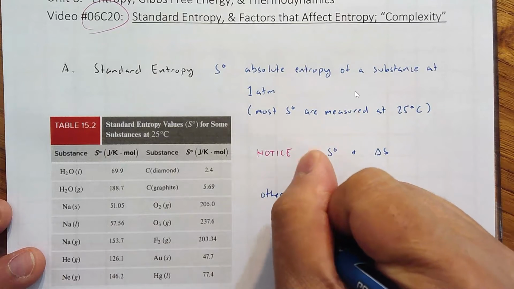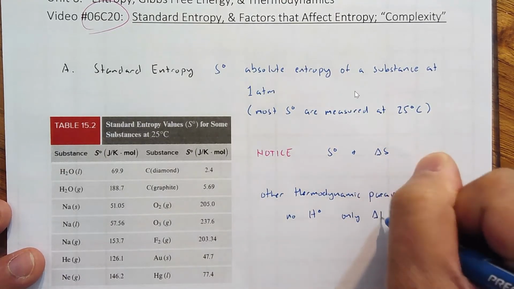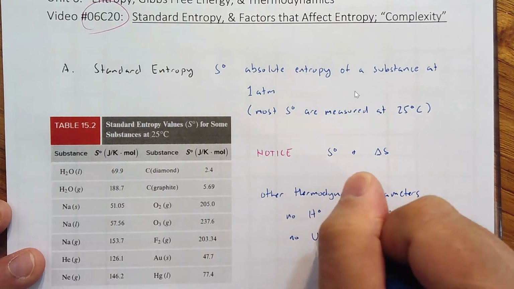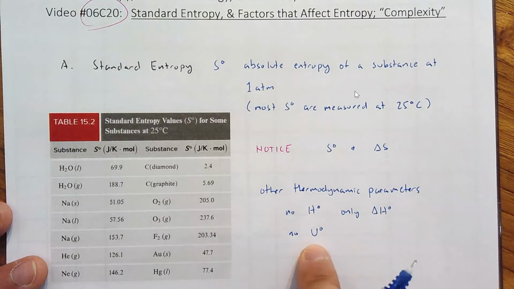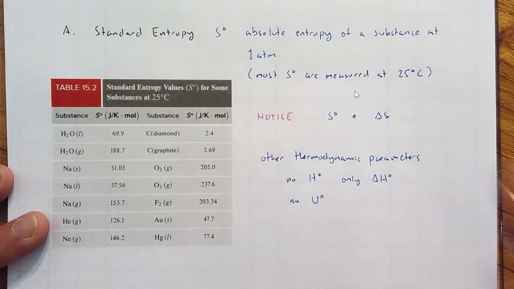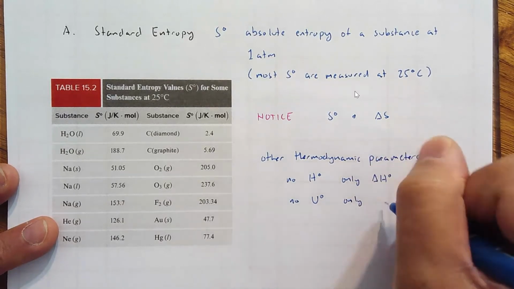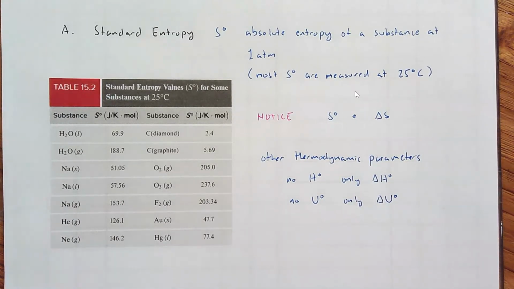There's no H, only a change in H. And there's no energy. Some textbooks use U, some textbooks use U or E. We don't have absolute energy. We only have a change in energy, a comparison between final and initial states.